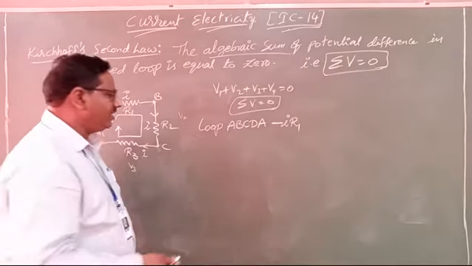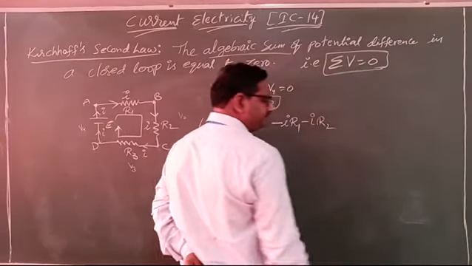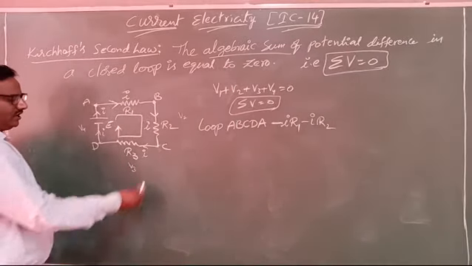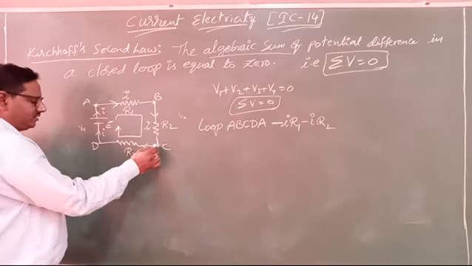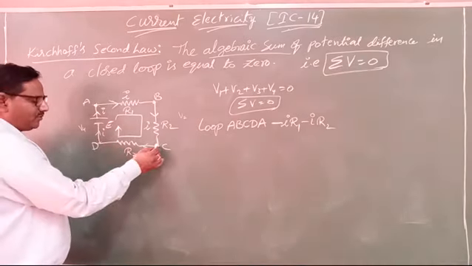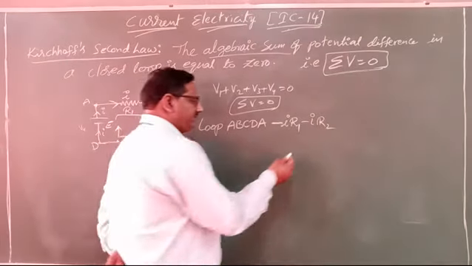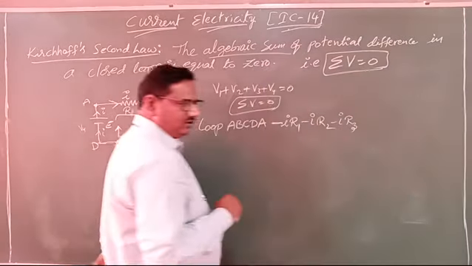Then how can you write again? Minus I R2. Now the third one is the same. You and the current are both moving in the same direction. So, same, minus I R3.